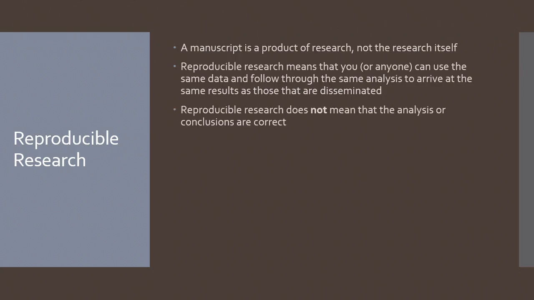Reproducible research does not mean that the analysis or conclusions are correct. You could do some pretty lousy research and still have it be reproducible research. So what we're focusing on right now is not how to do good research, it's how to reproduce research.